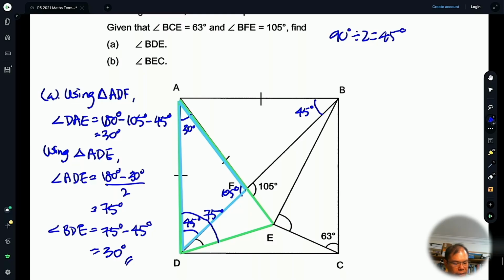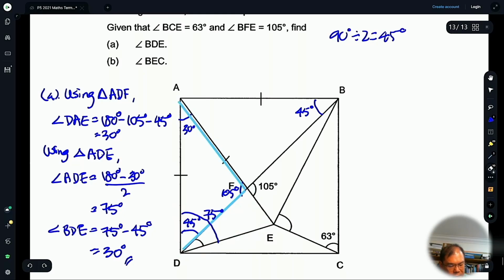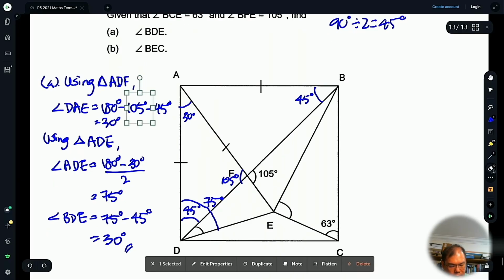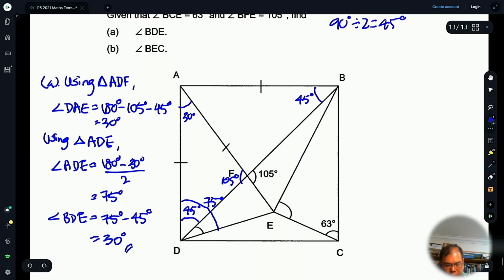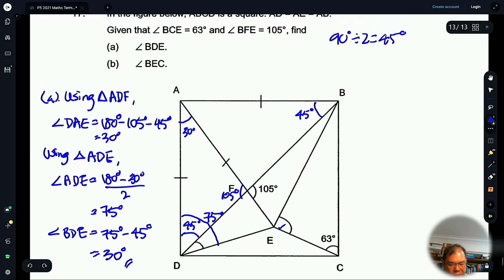Alright, so we have solved part A. Now, how about part B? I'm going to erase all the unnecessary lines first. Now to find this angle BEC, my strategy will be to make use of this triangle here, BCE.